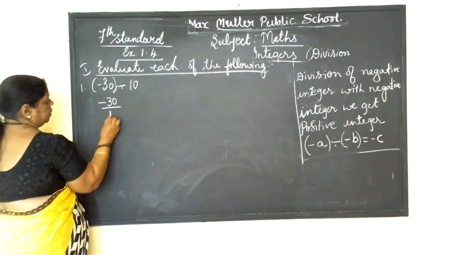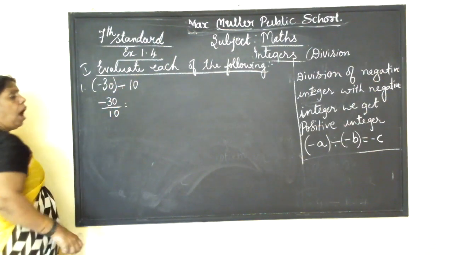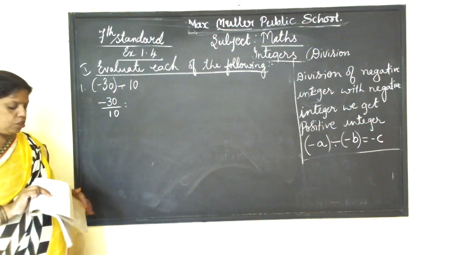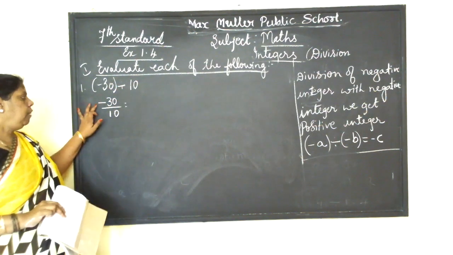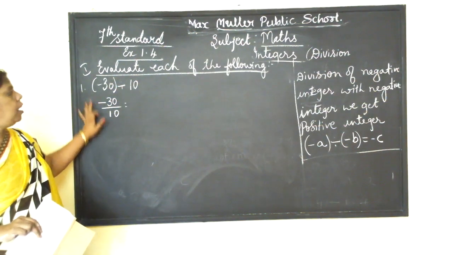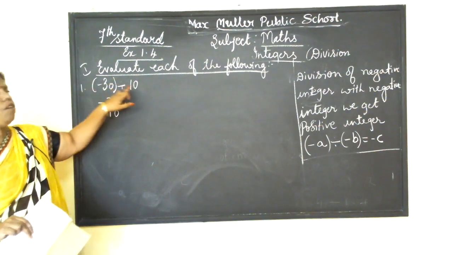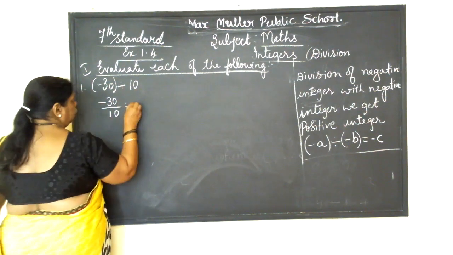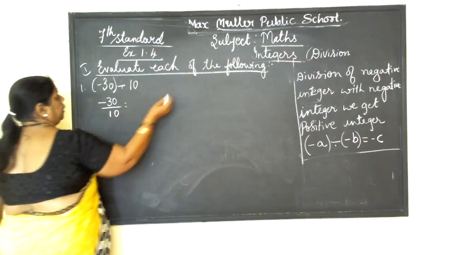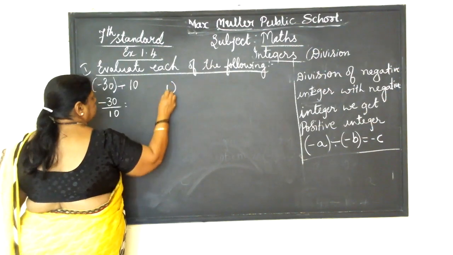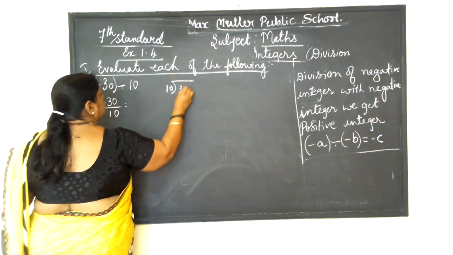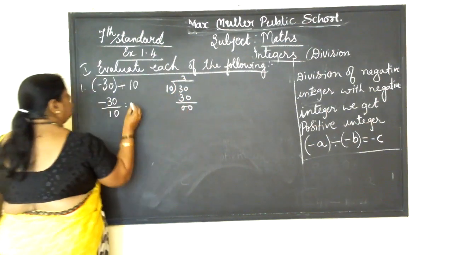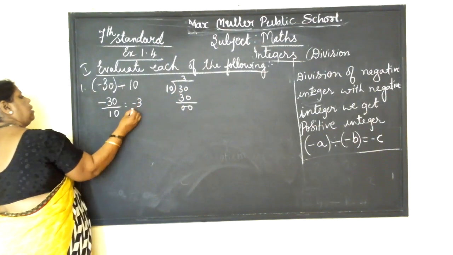That is minus 30 by 10. As I taught you in the properties just now, if the negative integer is divided with the positive integer, we get the negative only. So how much you will get here? Three tens are 30. So minus 3 is the answer.